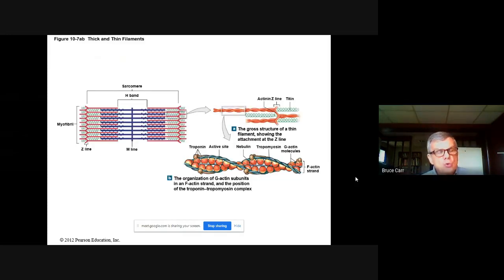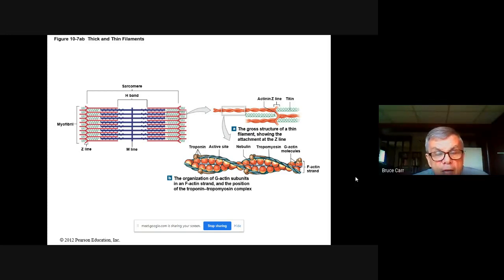This shows a diagram of an entire sarcomere, the two end lines, the Z plate or Z line, the middle where the thick fibers are, and that area of overlap between the purple myosin and red actin fibers. This slide on the right side shows the actin, showing how it's bonded together at the end line, the Z line, and how it has a coiled structure enlarged down below.